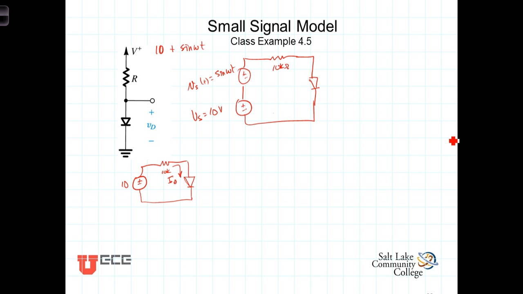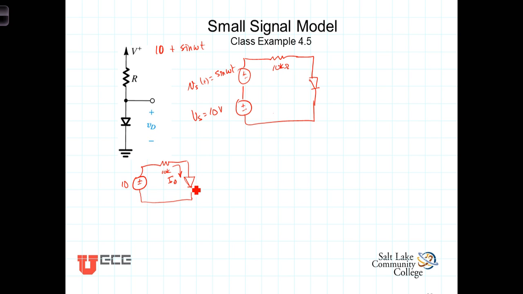We can use the exponential model and iterate on this, or we can use the constant voltage model for the diode. We're going to use the latter, and frequently that's going to be the case in these kinds of circuits. We're not looking for exact precision in this. We're just trying to get a model, and a model by its nature is somewhat inaccurate.